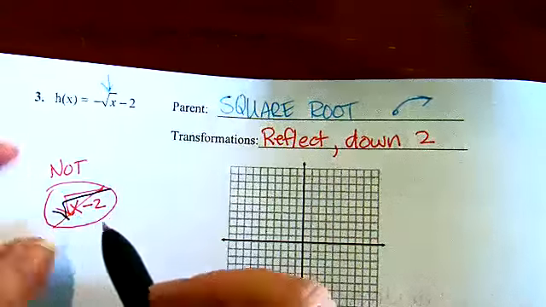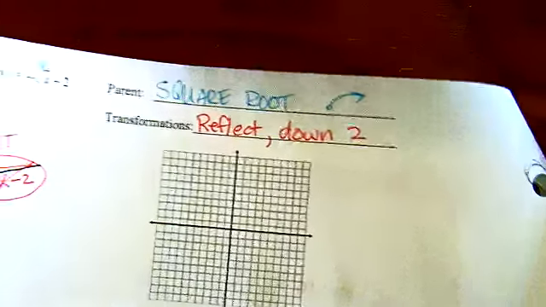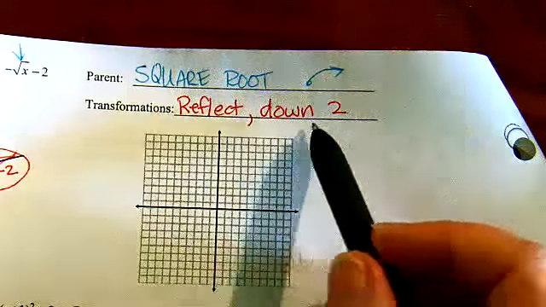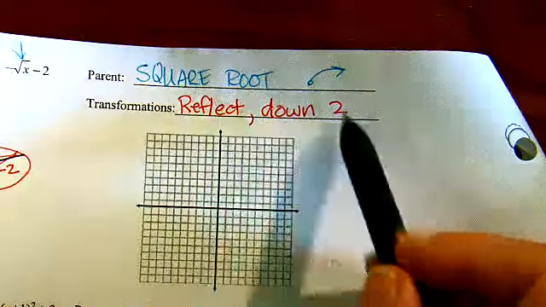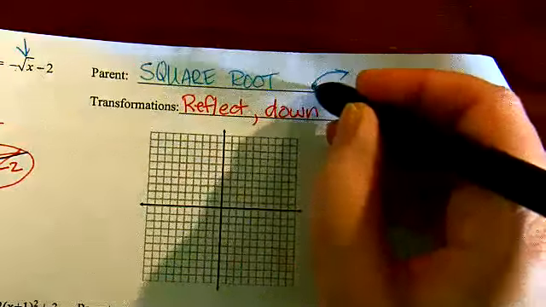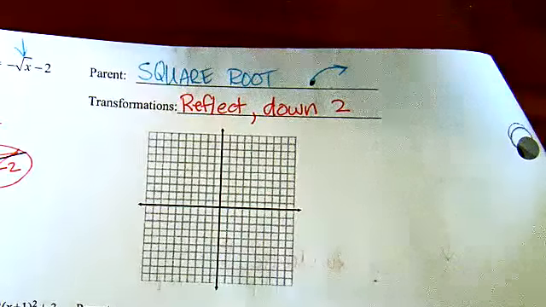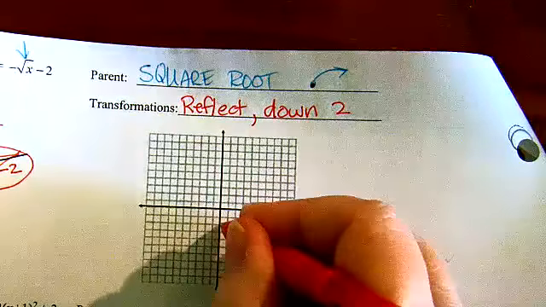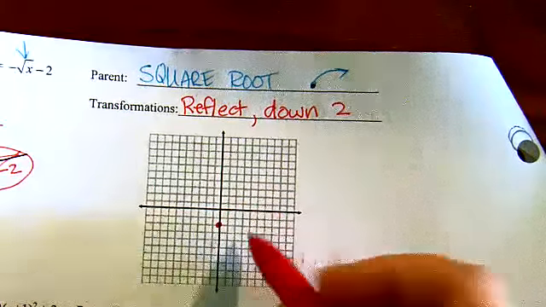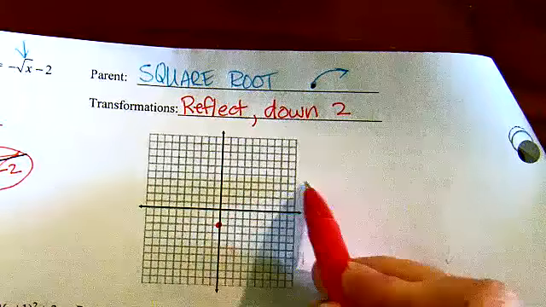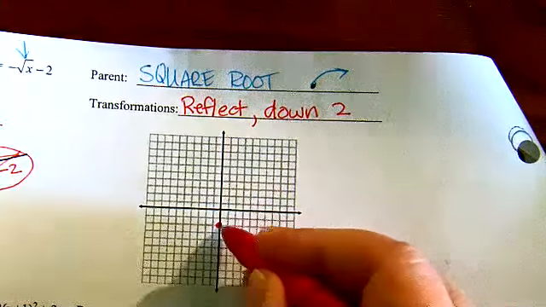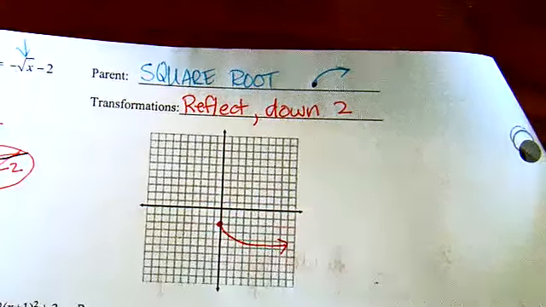So you might see one like that. So what I'm going to do is first look for the words up, down, right, left, and I see this one, down 2. I'm going to take that point and move down 2. And then instead of this one going up, it's going to reflect and go down.